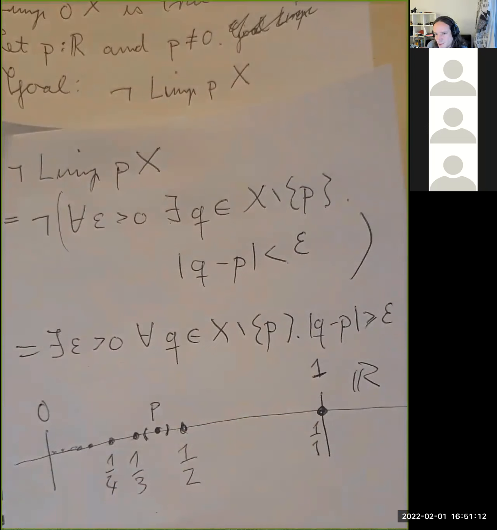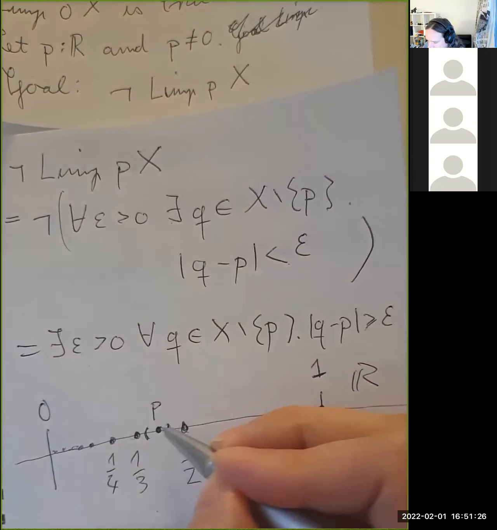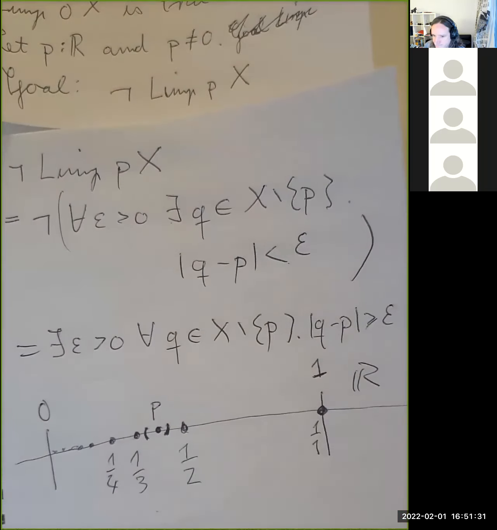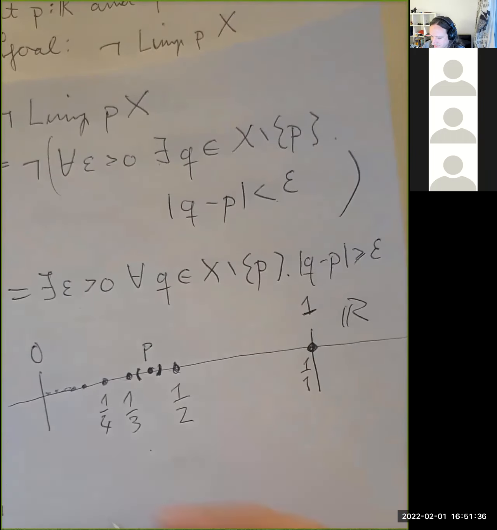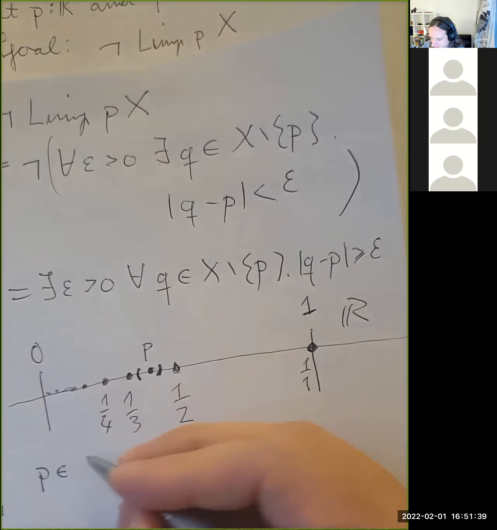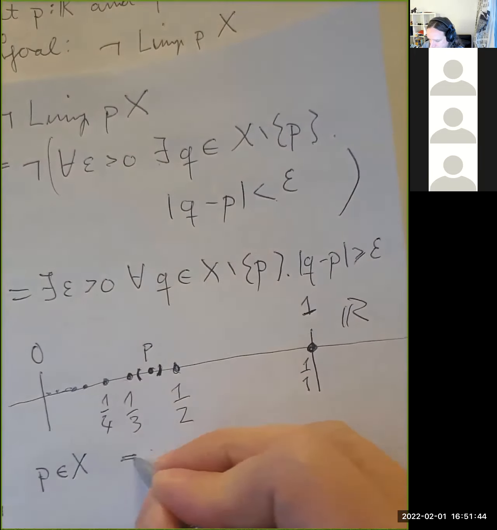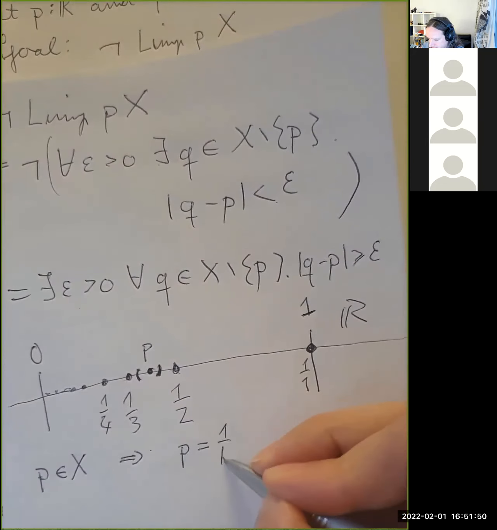So maybe a good way to do the exercise would be to make a case distinction for p, if it's in X or not. Yeah. But in any case, we can just calculate what this epsilon should be. So yeah, maybe let's make this case distinction anyway. So if we say p is in X, then we know p equals 1 over k for some k.